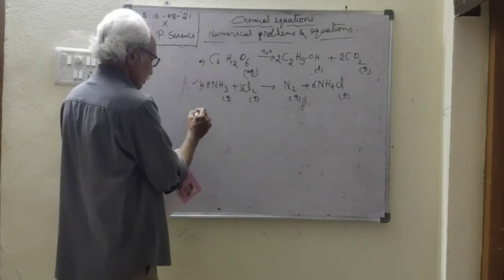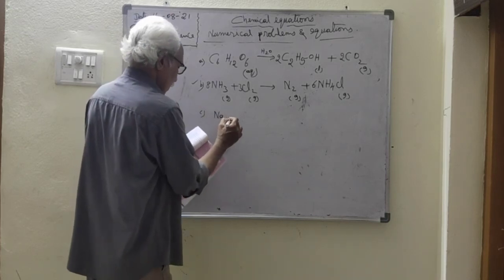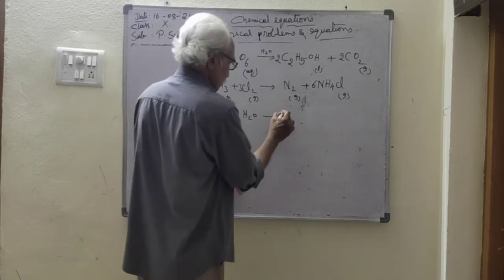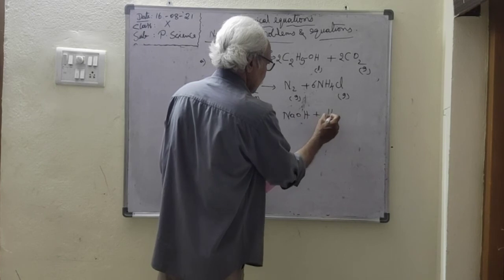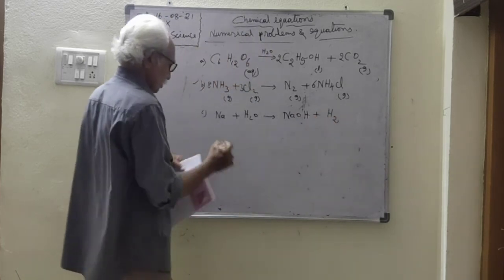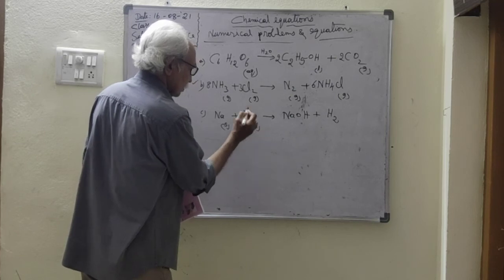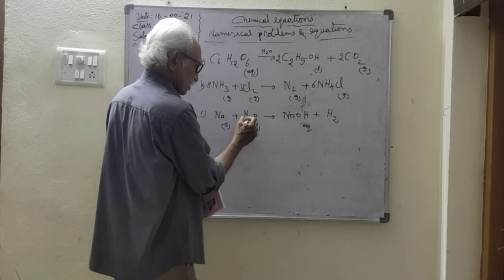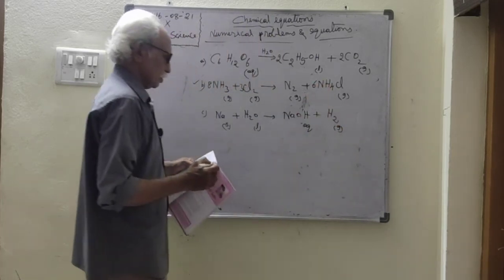Next one is C. Sodium reacts with water and gives rise to sodium hydroxide plus hydrogen. Now in this, sodium is a solid, water is a liquid, sodium hydroxide is aqueous because it is already dissolved in water, and hydrogen is a gas. This is the equation.